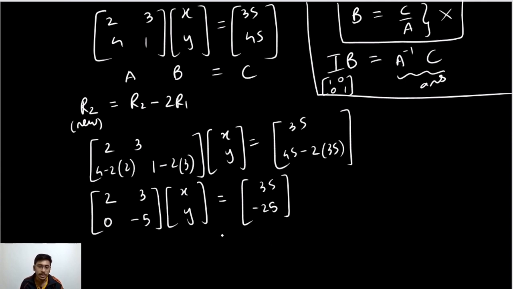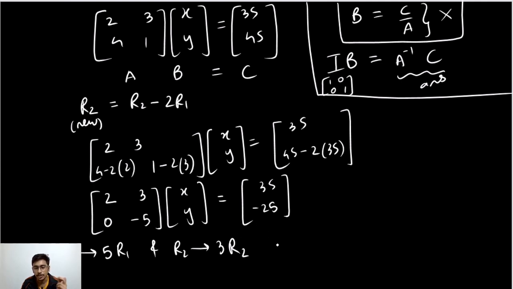And similarly, we want to transform this 3 also. We also want to make that 3 into 0. So what can we do? Well, let's say we multiply the first row. The LCM of 3 and 5 is 15, correct? So let's say we multiply R1 with 5, and R2 with 3.